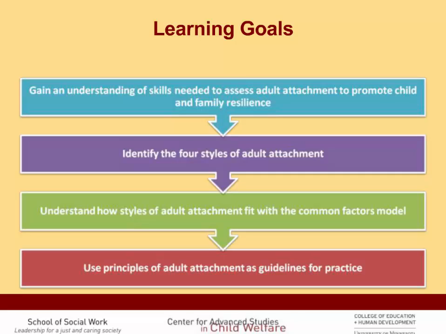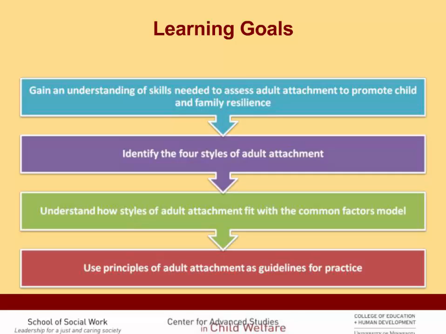The first goal is for you to gain an understanding of essential skills needed to assess adult attachment to promote child and family resilience. The second goal is that by the end of this training, you will be able to identify the 4 styles of adult attachment. The third goal is to show how a common factors model works with adult attachment to provide guidelines for assessment and case planning.